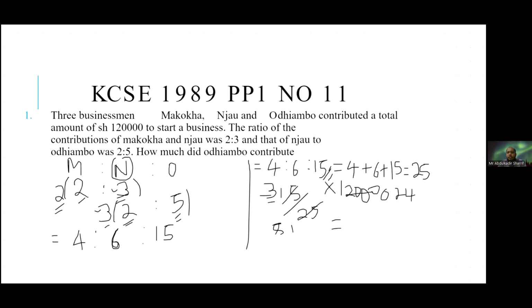So times 3, answer yangu itanipa 72,000. So that's the answer for question 1.